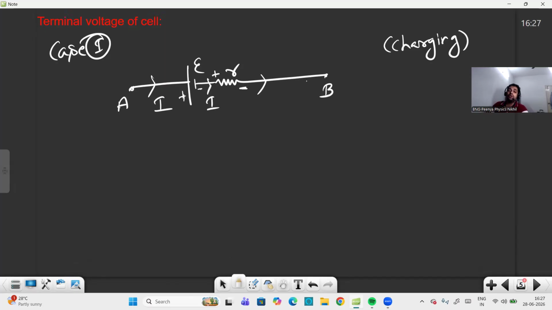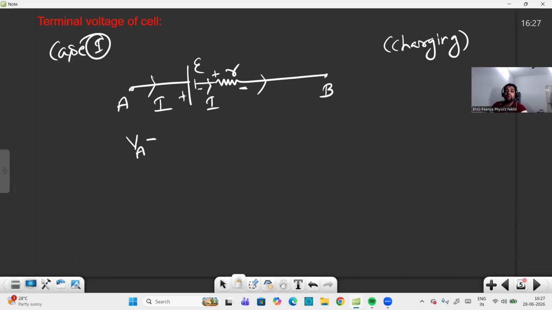Now if I have to write the potential difference across A and B, we start with the point where we have to write the potential, VA. Then plus to minus means minus, and wherever we go minus to plus, we write plus. Plus to minus means minus, because plus to minus means loss. So that's why we write minus here.